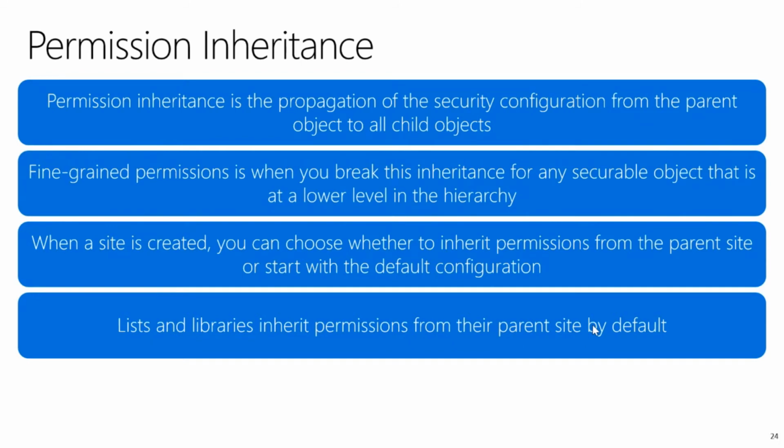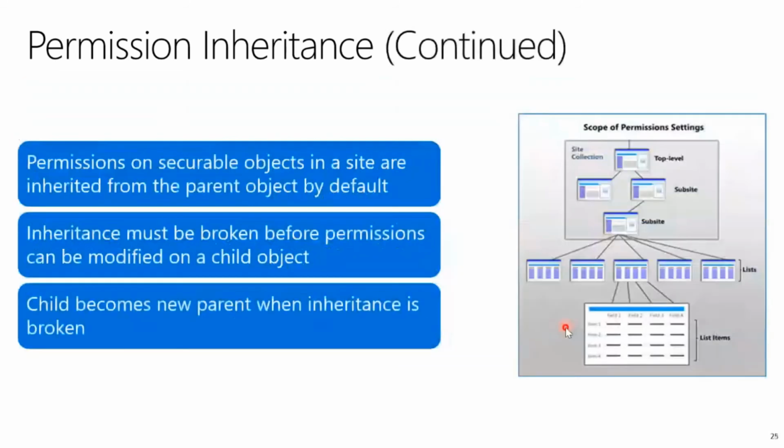Any list item, document, folder, list, library, or subsite. When inheritance is broken, we call those permissions unique permissions, or sometimes fine-grained permissions. So if any child object's permission is modified, the permission inheritance gets broken, and that leads the child object to become a parent object.